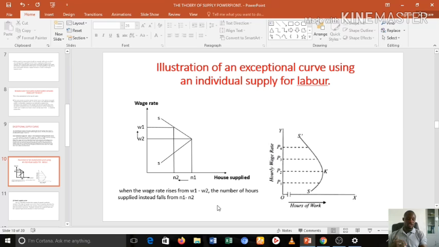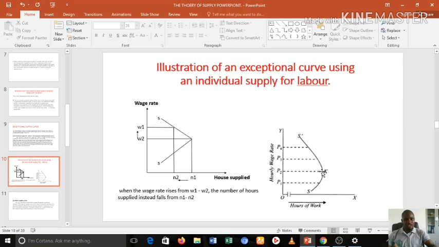So it's contradictory. It contradicts the law of supply. All right. Now this is another illustration. This is the income, the price, and here is the amount of hours put in for work, which is allocated as X. Remember, we said that when the price for hours paid increases, that person is going to add time for work.